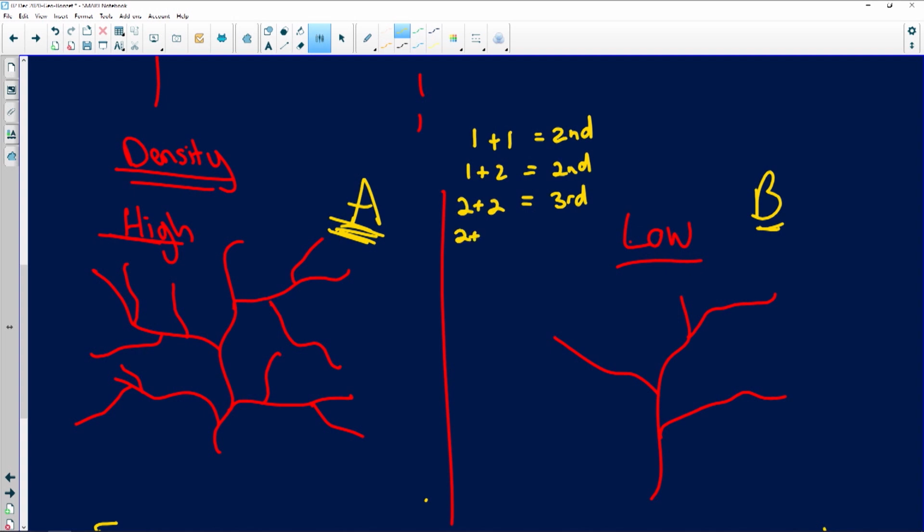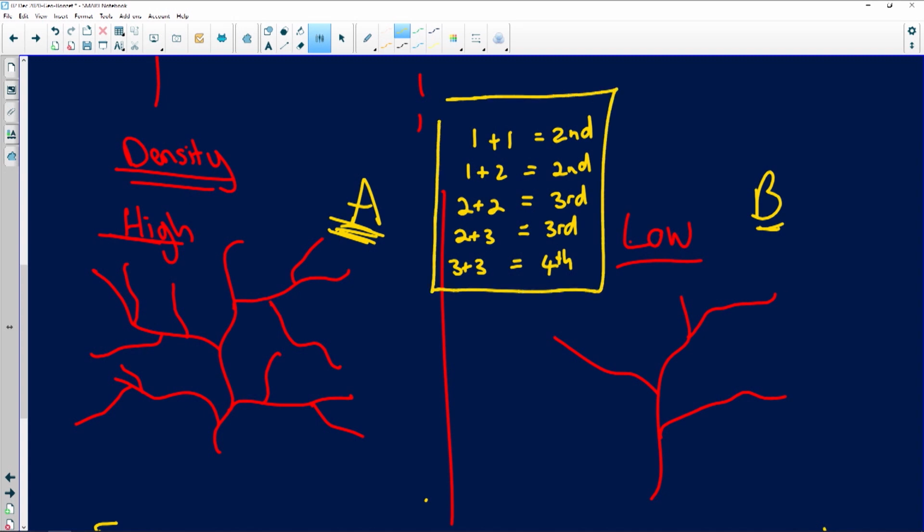A second plus a third stays a third. A third plus a third makes a fourth stream order. I doubt that you will get higher than fourth. So this is the formula. I hope you write it down at home, because this question doesn't only come up in your theory paper, but also in your maths paper, to be able to determine the stream order.